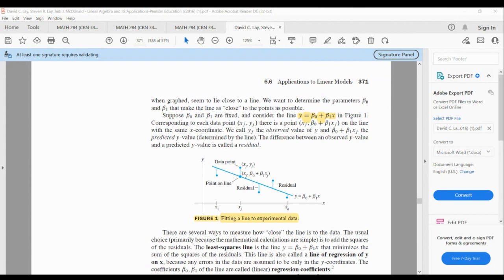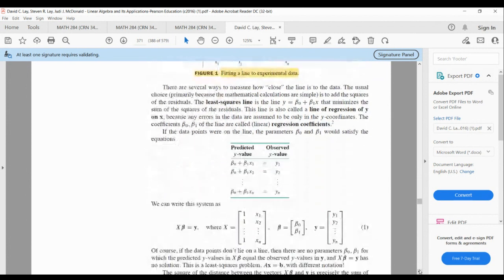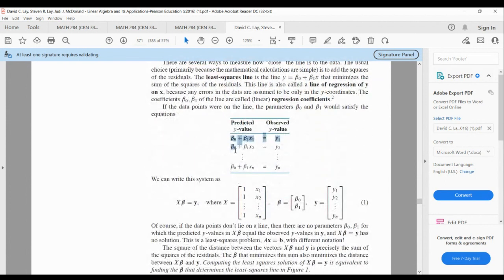Another way of thinking about it is, if you consider that a predicted value based on the model says you can predict an observed value y by taking some value beta 0 plus beta 1 times x. And it should be true all the time, but it's not true all the time.